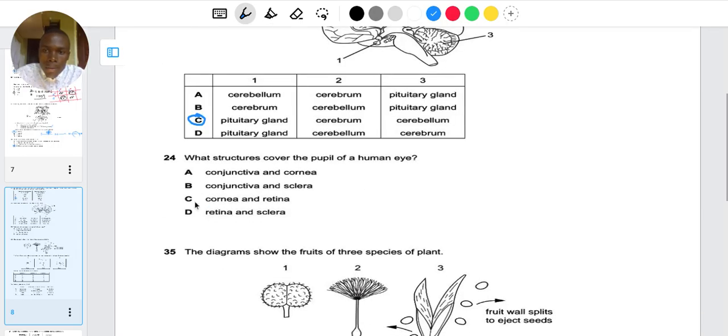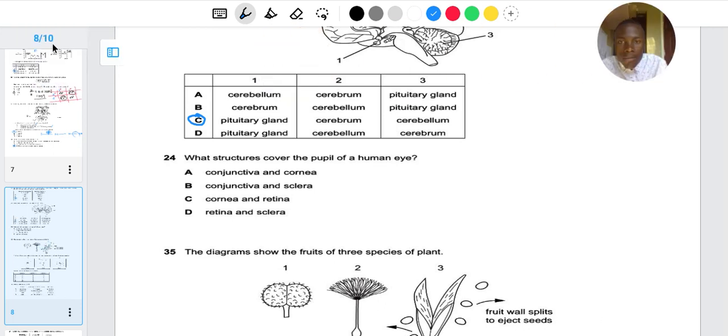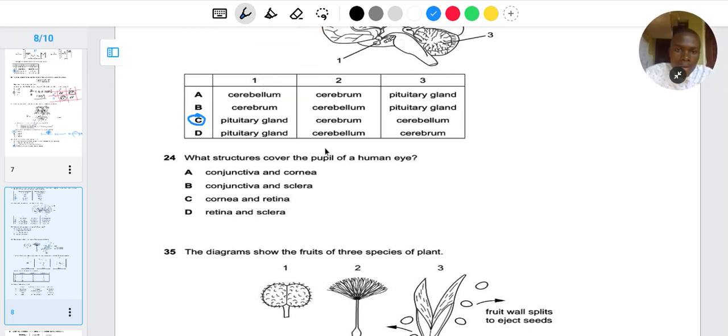Then the next one is saying, what structures cover the pupil of a human eye? The pupil is an opening part of the eye. The pupil is covered by 2 structures: the conjunctiva as well as the cornea.